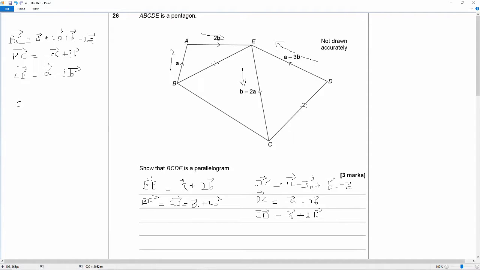So CB is equal to DE which is equal to A minus 3B. So these two are parallel and equal in size.